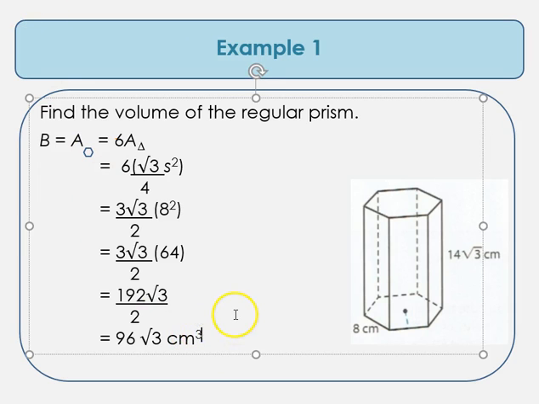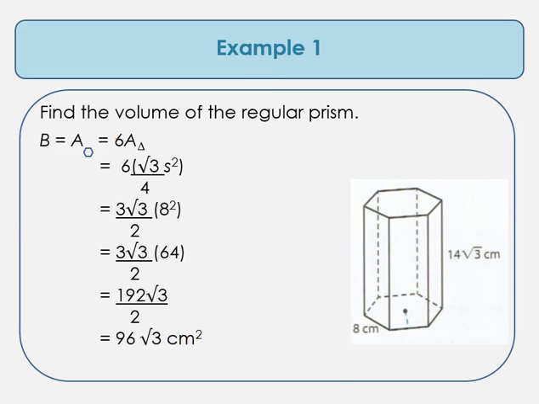And sorry about that, that's really centimeters squared. This is the area of a base. So, we now have the area of our hexagonal base, and we can go forward with our volume formula.